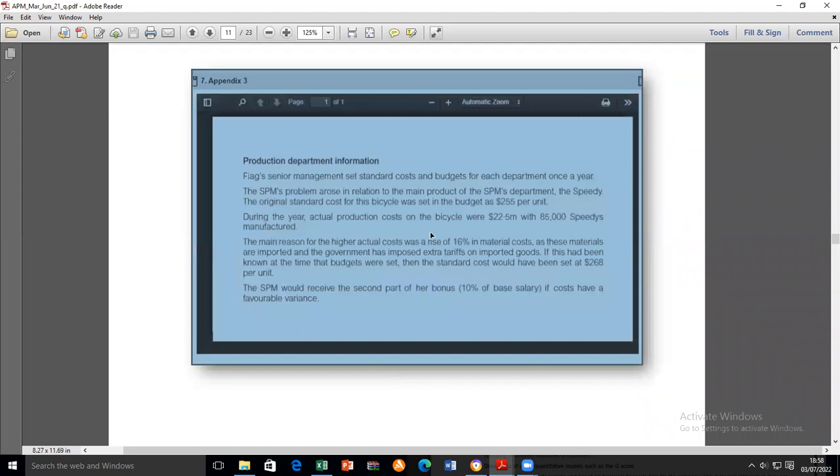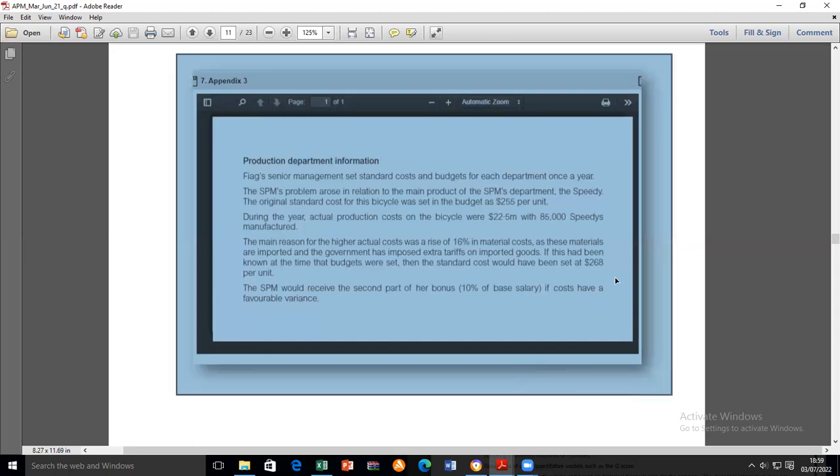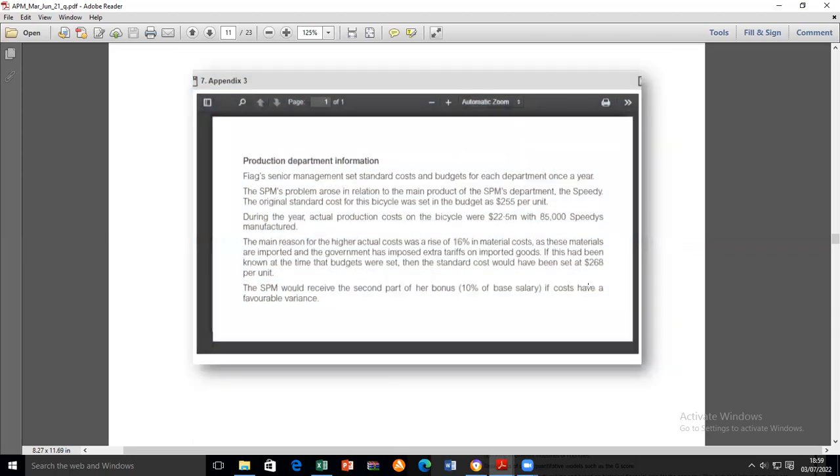So 22.5 divided by 85, we get 260. Oh, the standard cost, that's okay. So the cost should have been 268.